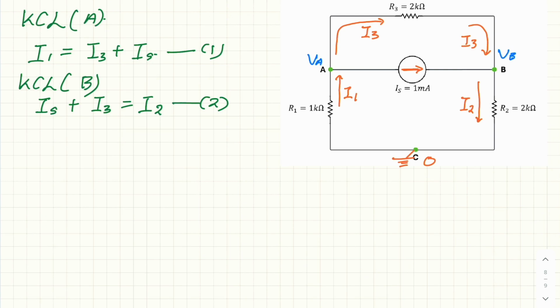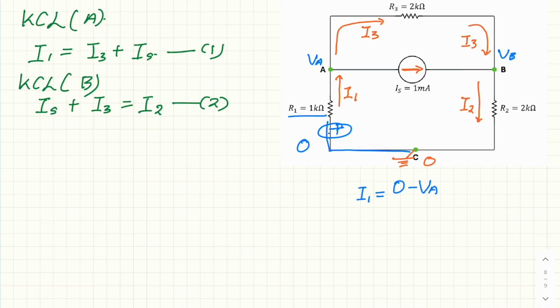So for I1, we look at R1, and this part must be high, and VA must be low, because current always flows from the high to low. This potential is actually equal to 0. So it means we have to put I1 equal to high, which is 0 volt, minus VA.